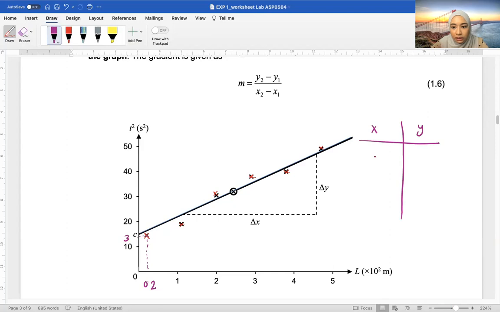Our first data is 0.2 at the X and 3 in the Y. Then this guy is 1.2 maybe, and this is 8. Doktor, Y dia bukan 13 eh? Y dia bukan 13. Oh betul. 13. Thank you. And then this third data, we'll have a check over here.